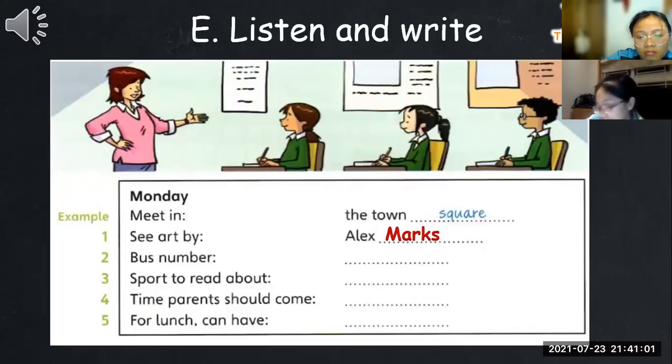Yes, and I'm good at it. And at 3 o'clock, we can go to the park. Great! And then at 4:30, please tell your parents to meet you in the town square under the big tree there. Right. Now, one last thing. We can't have lunch at school that day, so... Can we buy some pizza? No, bring some sandwiches, Tony. Okay. See you in town on Monday.